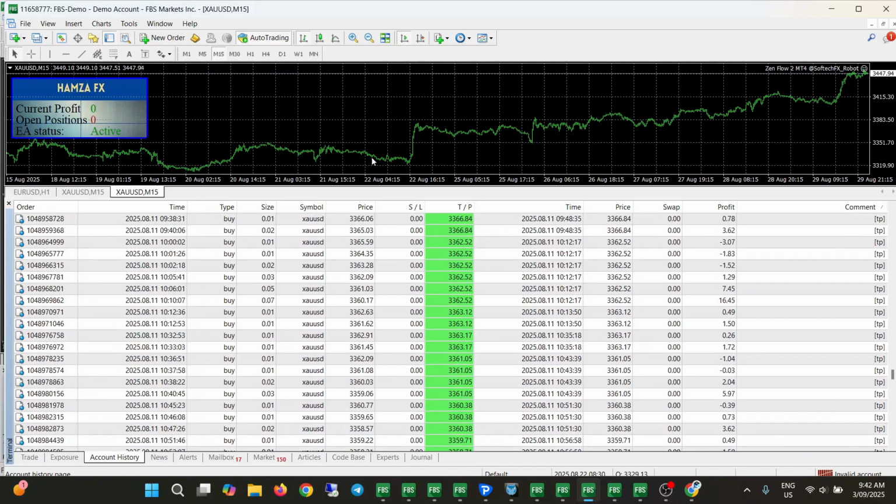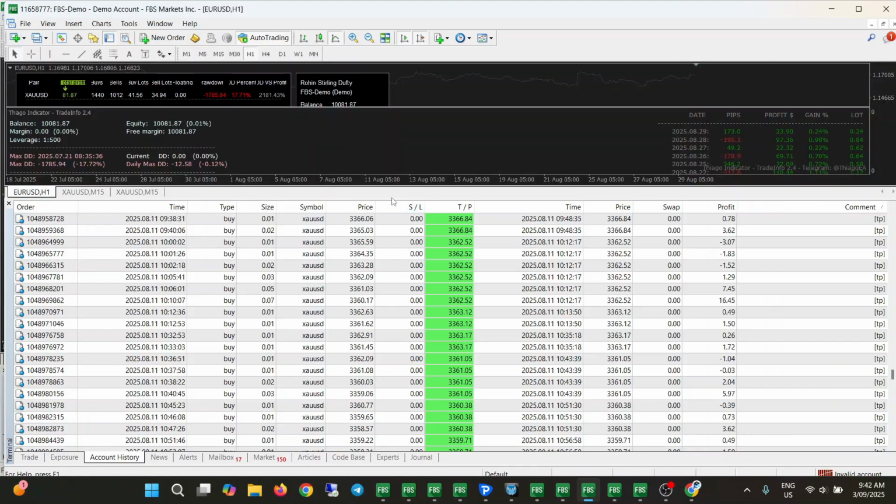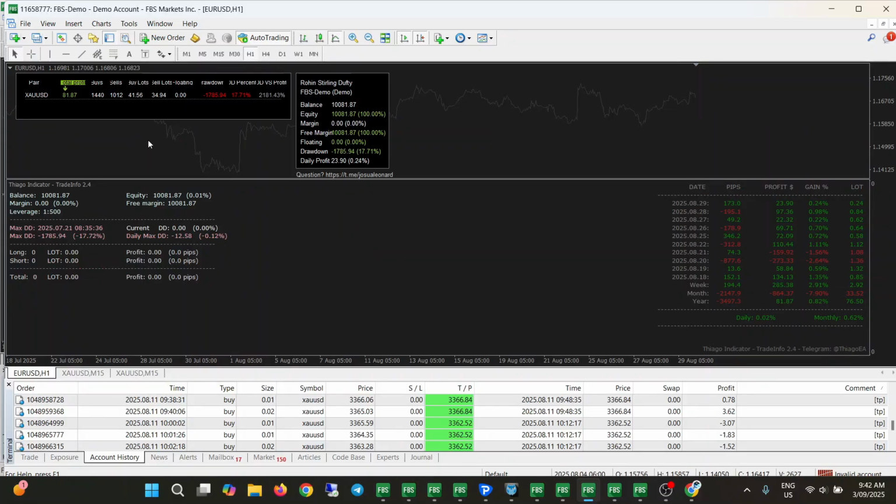I'll need to get an indicator or something to let me have a look at these by magic number. Yes, that's the one. So there would be one with magic number 1 and magic number 2, and I can tell the difference as to which one made the money. But yeah, not real good.